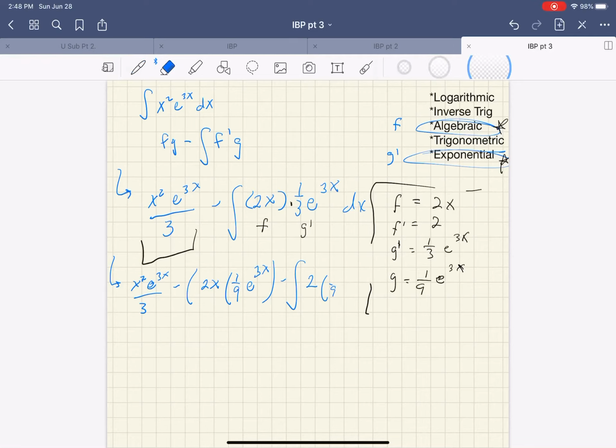Here, let me write that again real quick. 1/9 e to the 3x.